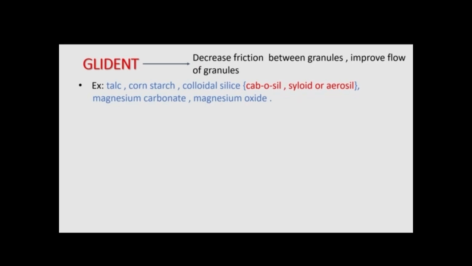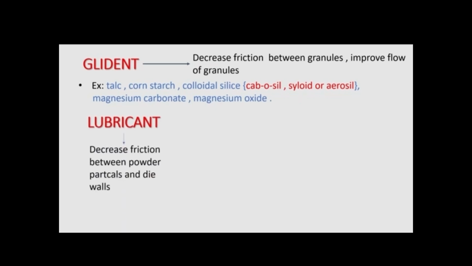Talc, cornstarch, colloidal silica. Magnesium carbonate and magnesium oxide are also used as glidants. A glidant is used for decreasing the friction between granules. Remember that. Next, lubricant.